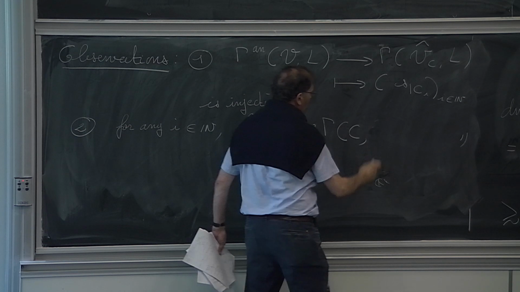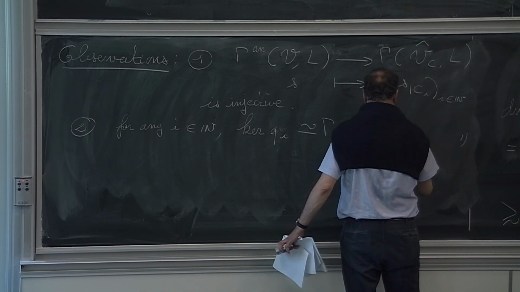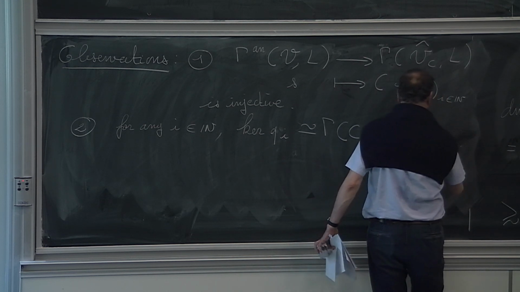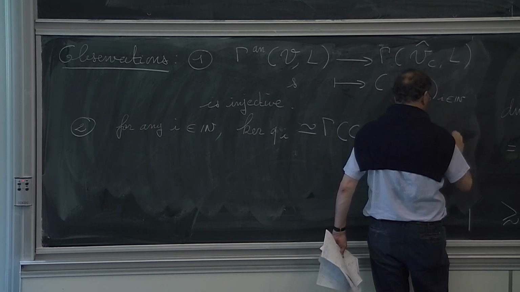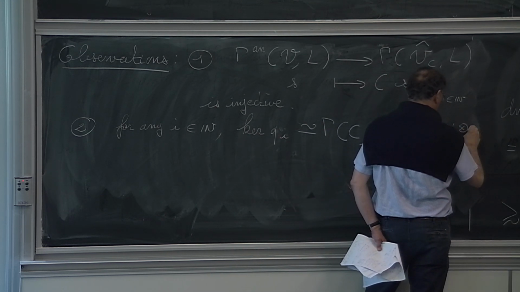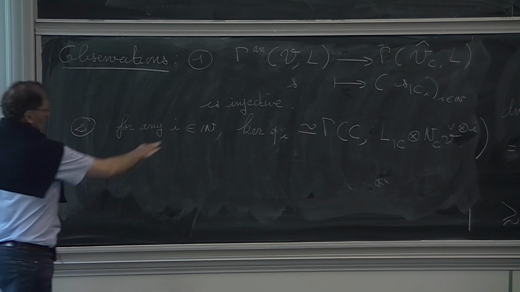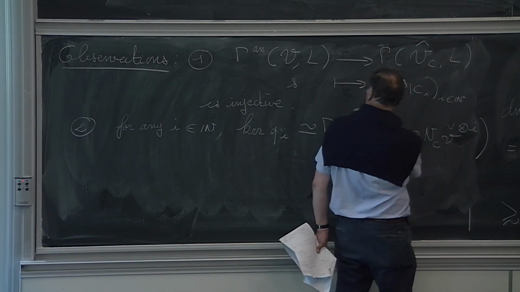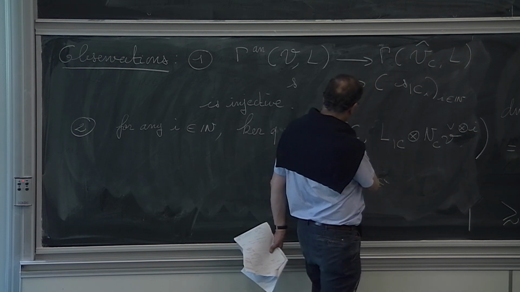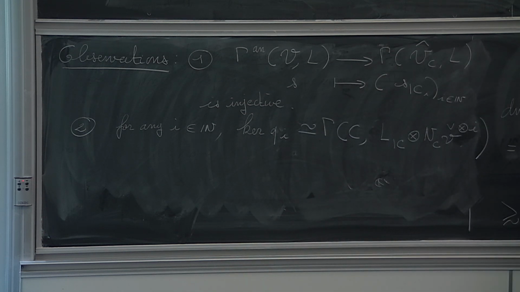The sections along the curve C, the reduced curve we started with, of the line bundle L restricted to C, twisted by the dual of the normal bundle of C in V. You take the dual of it and you take it to the ith power. And of course, this space is finite dimensional. It's the space of sections of this line bundle on this curve.